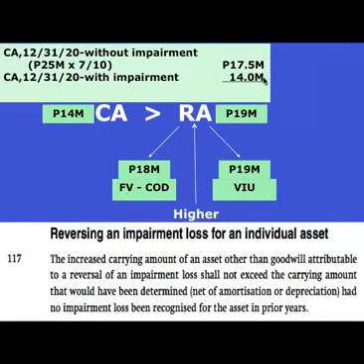Kaya ibig sabihin yan, yung maximum na pwedeng i-reverse, 3.5 only. So yung 3.5 million considered as reversal of impairment loss. At saan i-recognize yung reversal na yan? Since impairment loss is normally recognized in profit or loss, so yung reversal also recognized in profit or loss.